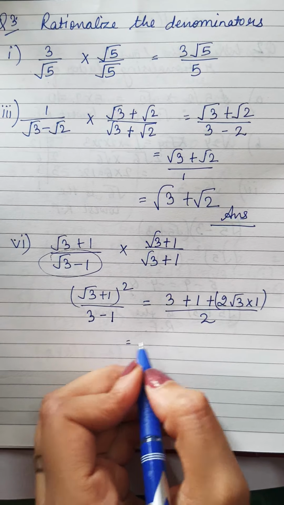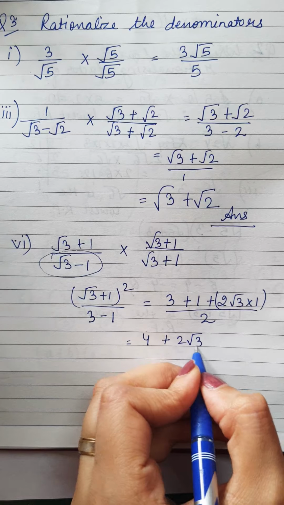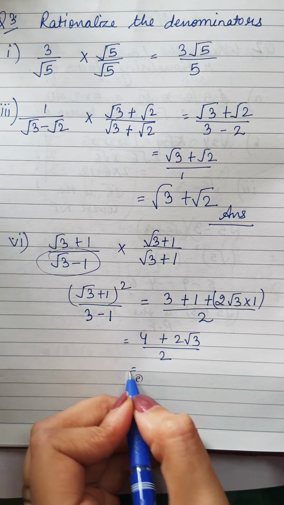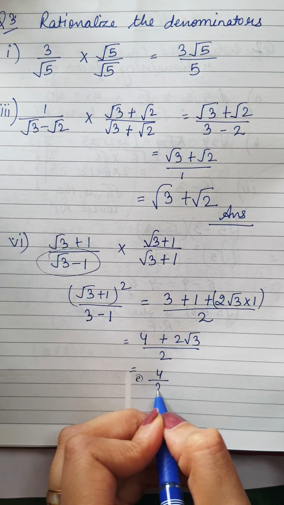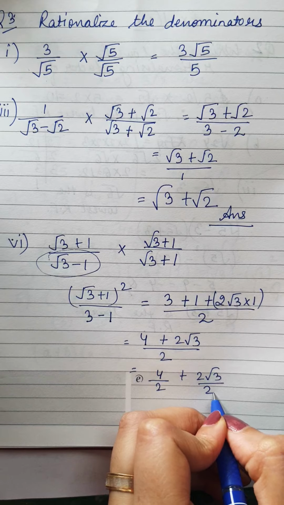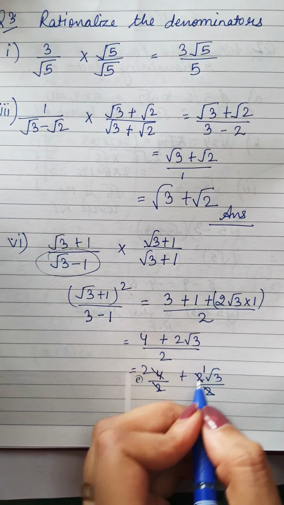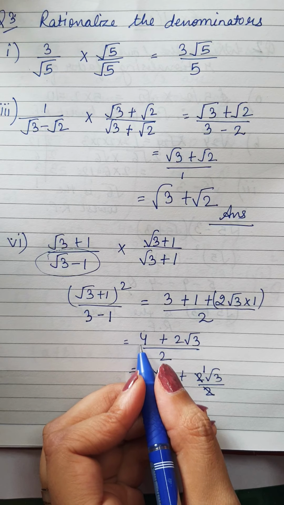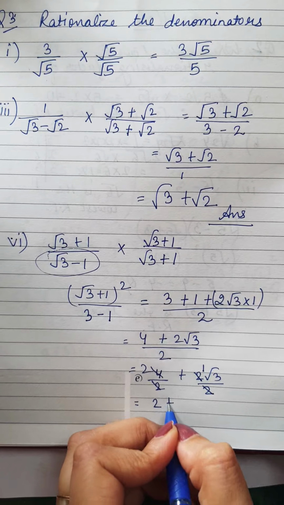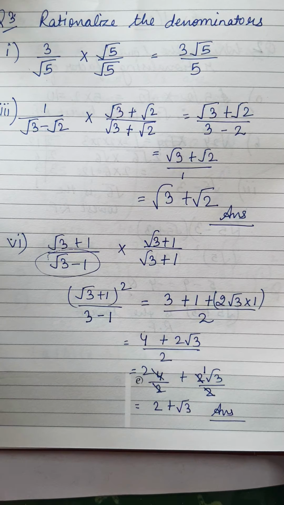Like terms we can always add. 4 plus 2 under root 3 upon 2. If you want to simplify more, we can separate the fraction this way. 2 and 2 cancel. Directly you cannot cancel here, so better you separate the fraction. So this is 2 plus under root 3, final answer.